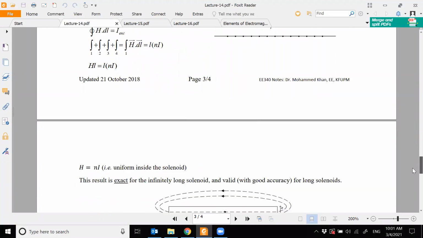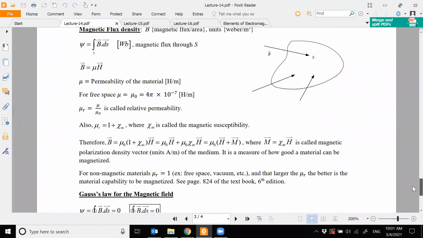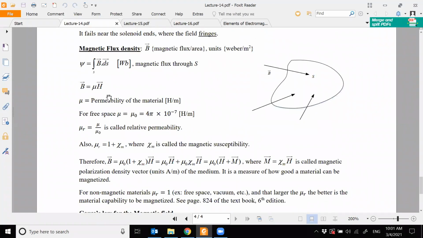Then we went to the definition of magnetic flux density, which is very similar to the electric flux density, D, and here it is B. The definition is psi equals the closed surface integral of B bar dot ds bar, and B is equal to mu H. It is similar to the electrostatics case, where psi is the closed surface integral of D bar dot ds bar.